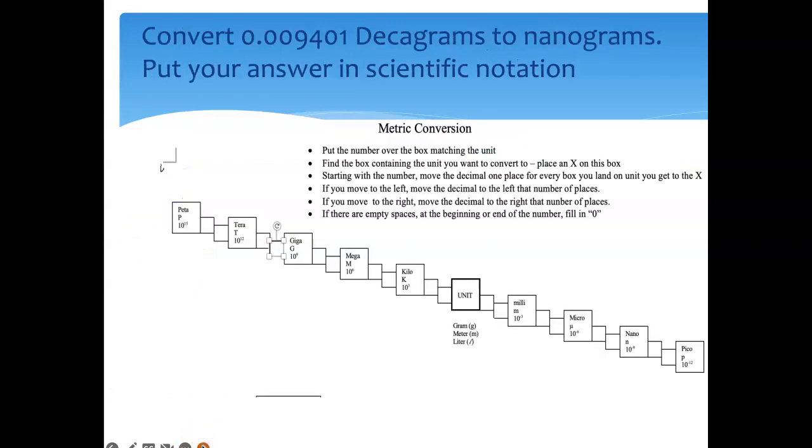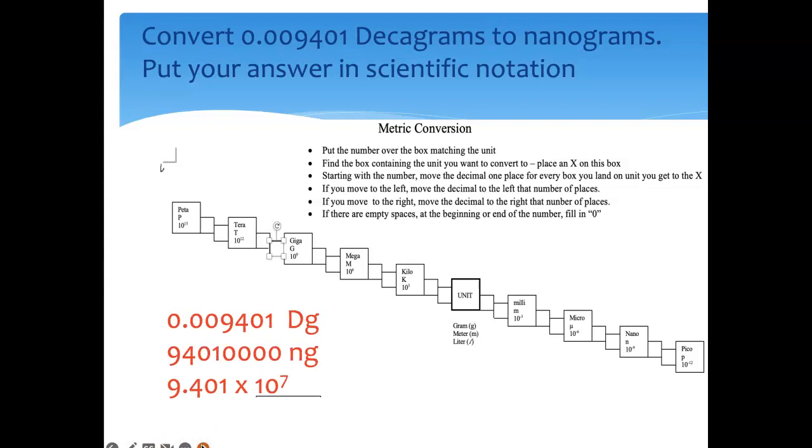All right, can you convert decagrams to nanograms? And put that answer in scientific notation. So this is the entire scheme of all of the metric prefixes in order with the base unit, meters, liters, grams in the middle. All right.